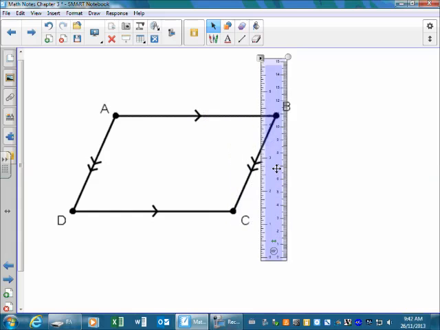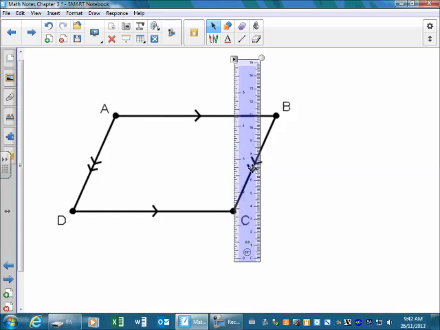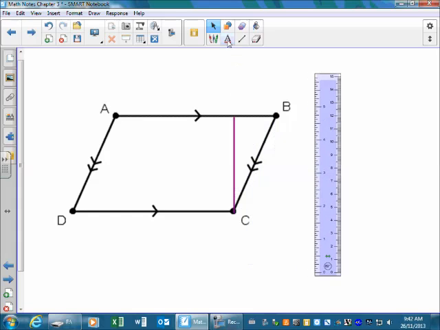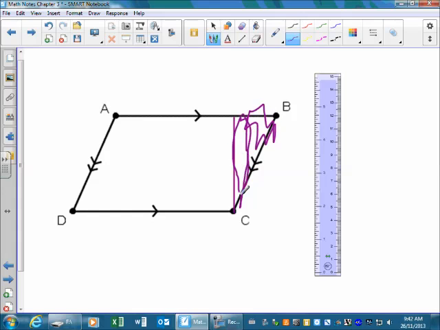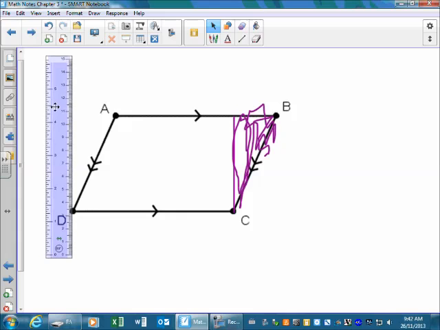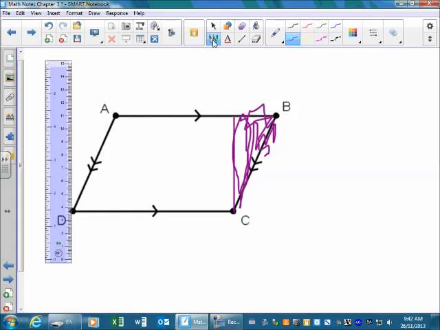If I took a line, let's cut this piece out, and let's pretend that that piece doesn't exist. And we take that piece and put it on the other side, right here. So we cut it out and stick it over here. Guess what?